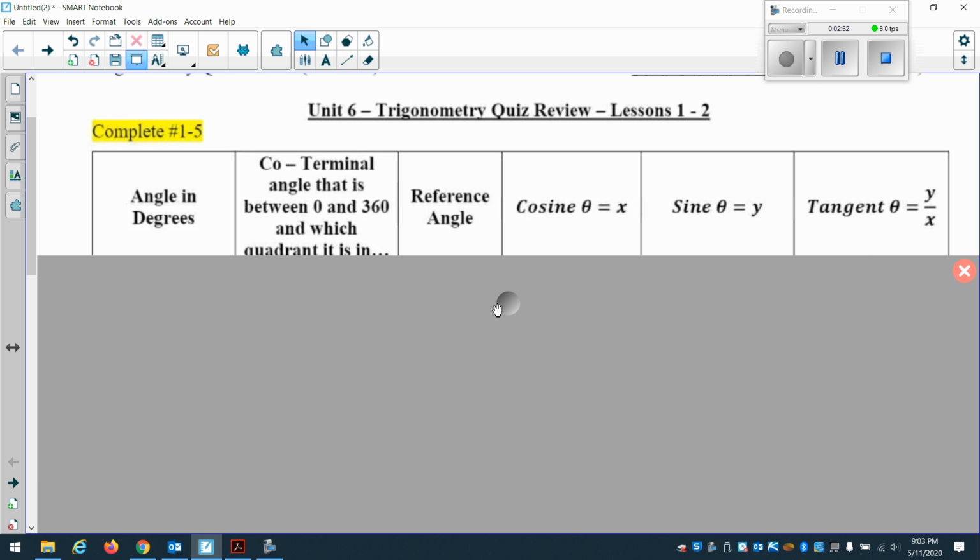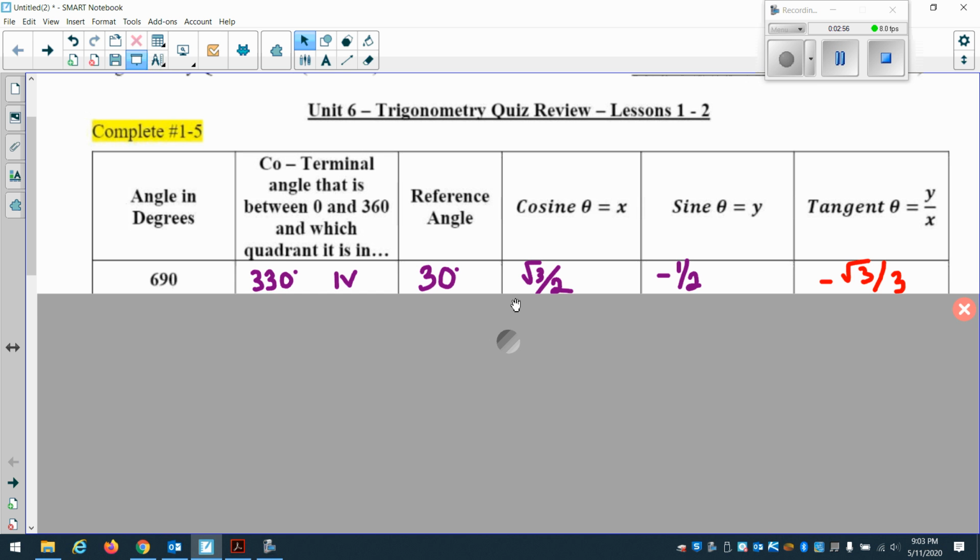So I'm just going to do two from the chart so you know. Okay, so we have an angle in degrees of 690. Well, to see where it falls within the unit circle, we subtract 360 and we find out that it's 330 degrees. That is in quadrant 4. That's based off the unit circle.